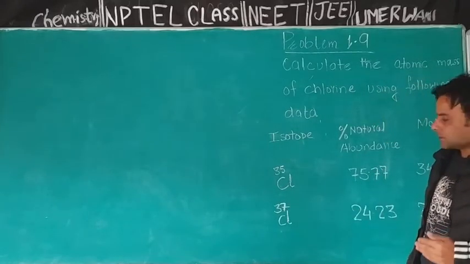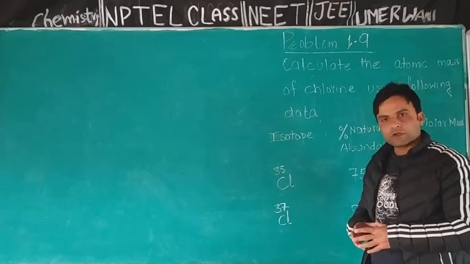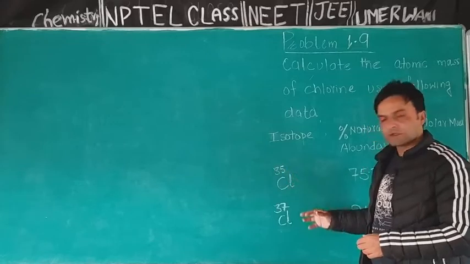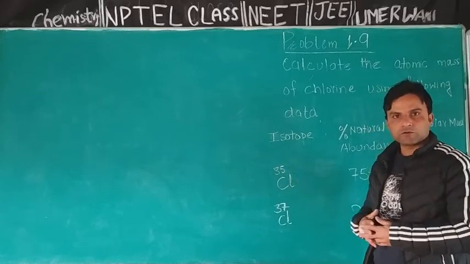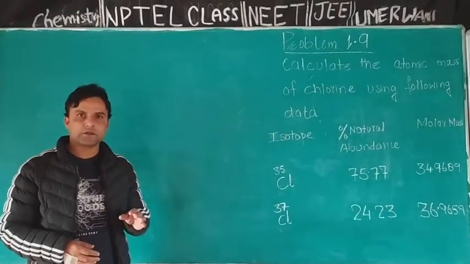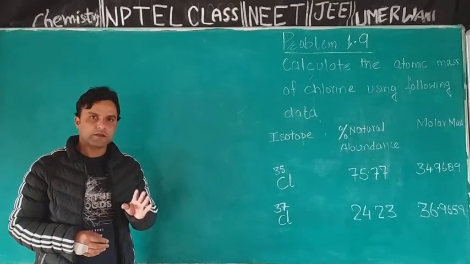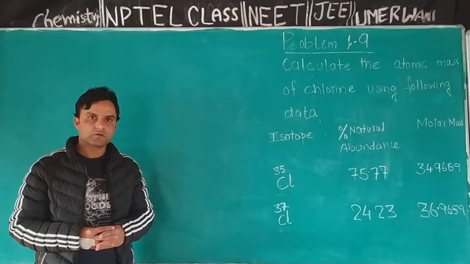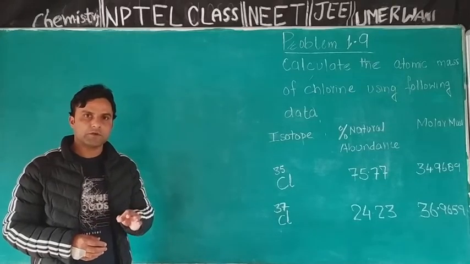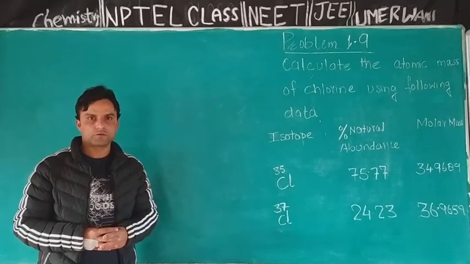Now the question is, what is the relative atomic mass of the element chlorine? Should we take 35, 37, or some different value? The idea is that for any element which exists in nature in the form of two or more isotopes, each isotope has its own relative atomic mass, but the atomic mass of the element is the average of the relative atomic masses of all its isotopes.